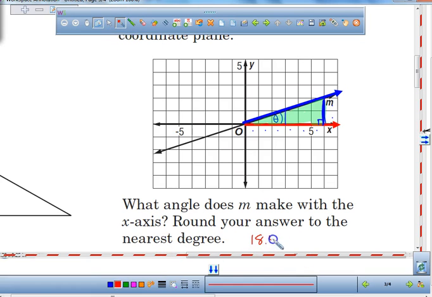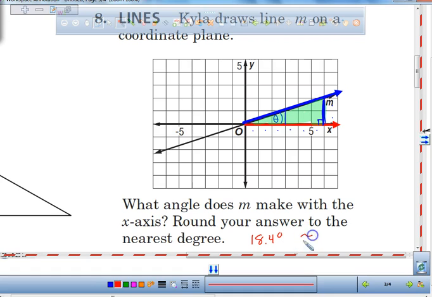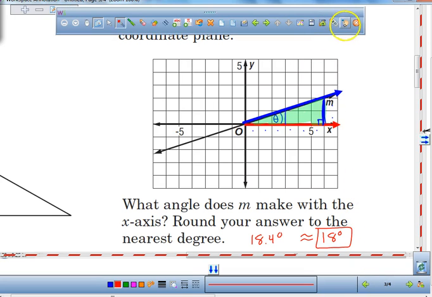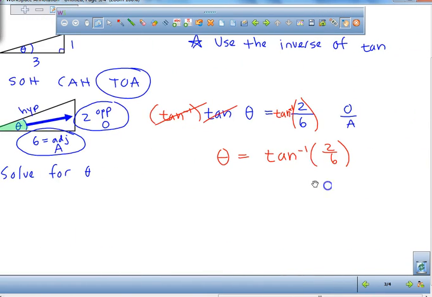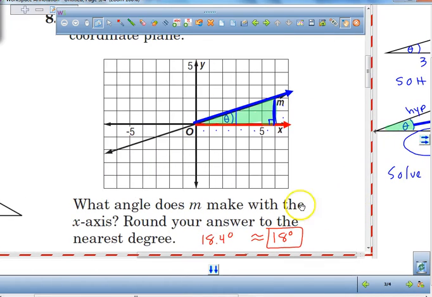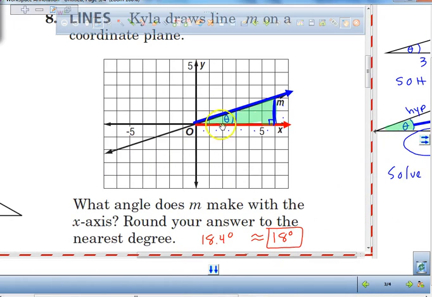So if you got 18.4 degrees, the nearest degree would be 18 degrees. Alright? So what we did over here, we found this to approximately equal 18.4 degrees, and then we rounded it to the nearest degree for our answer. So that's the measure of this angle.